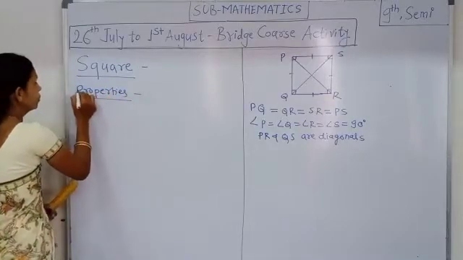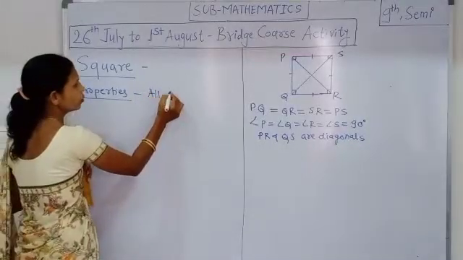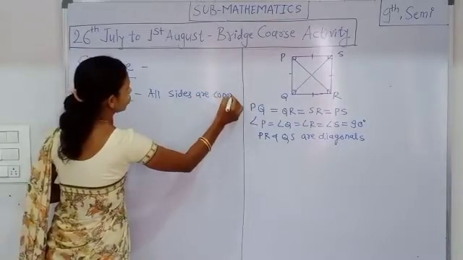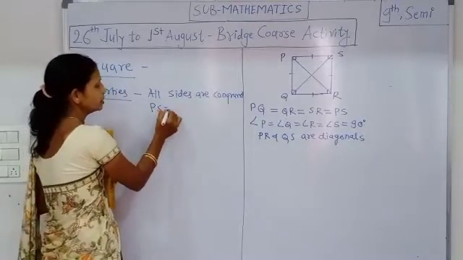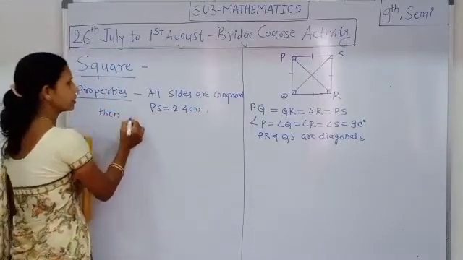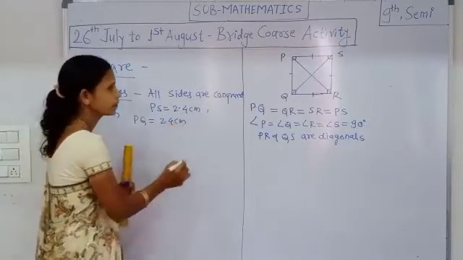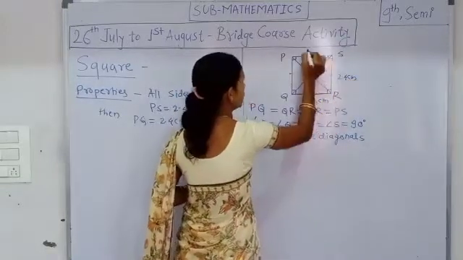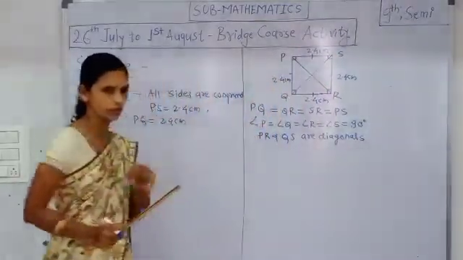Now the properties of a square. First, all sides of a square are congruent. That means if PS is 2.4 centimeter, then PQ is 2.4 centimeter, QR is also 2.4 centimeter, and PS and PQ all are 2.4 centimeter.